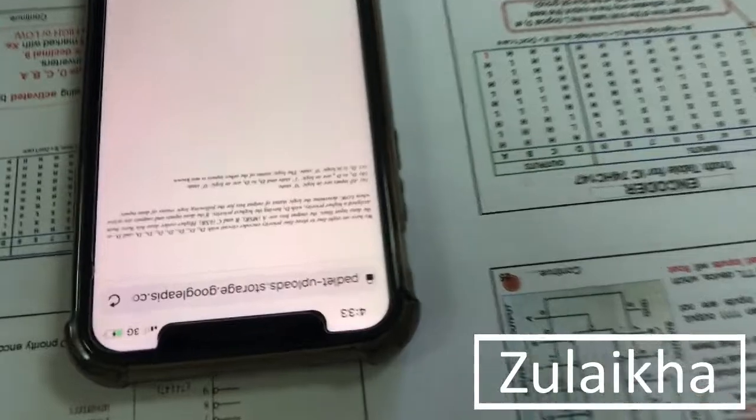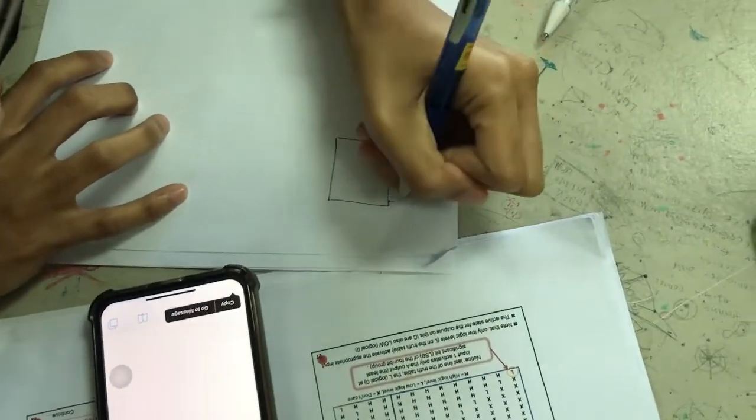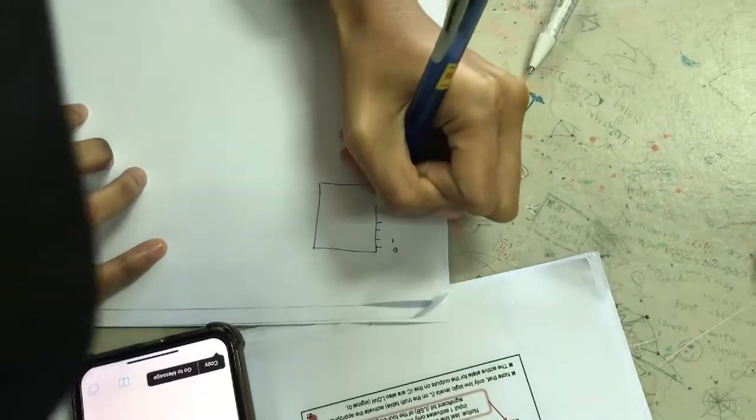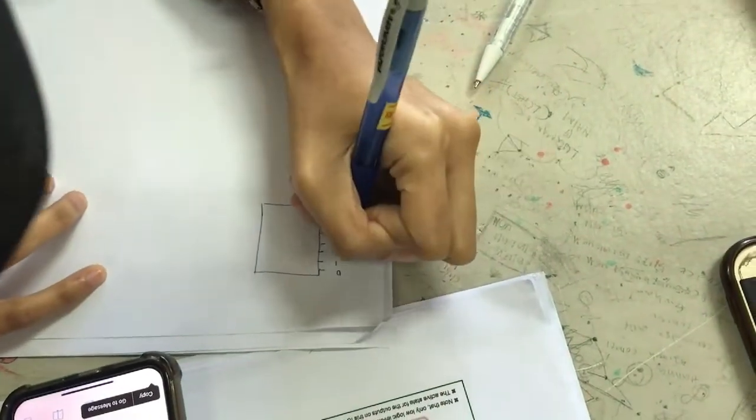The first thing that we need to do is draw the encoder. We have 8 lines, which are 0, 1, 2, 3, 4, 5, 6, 7.